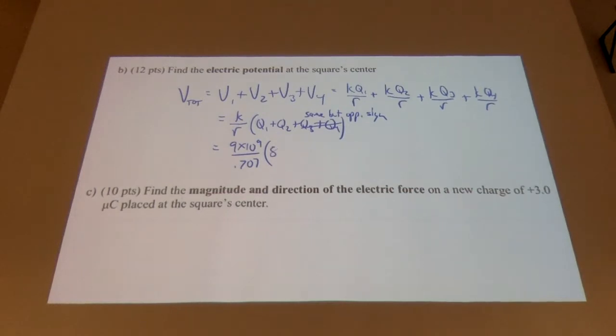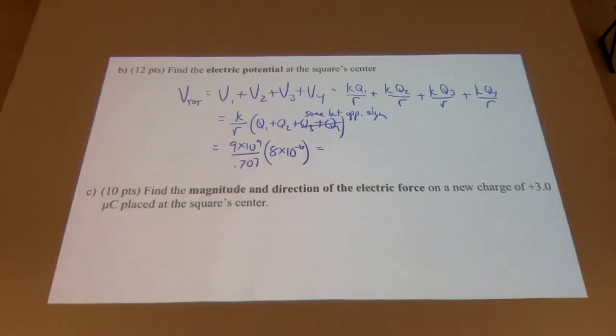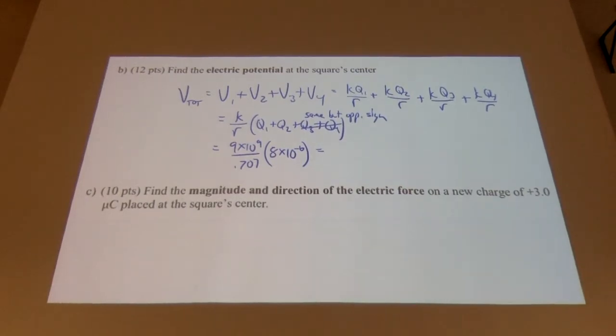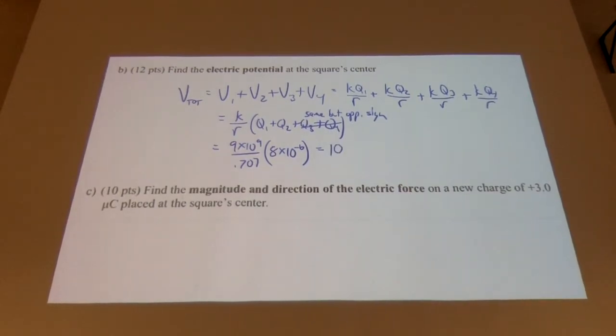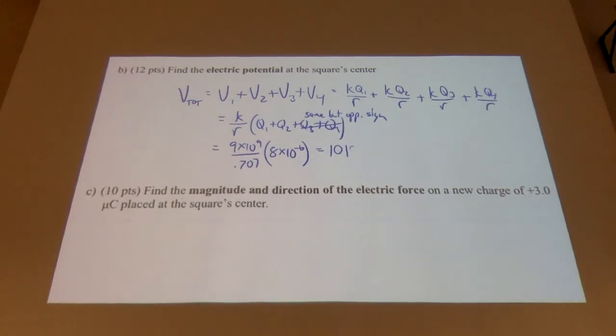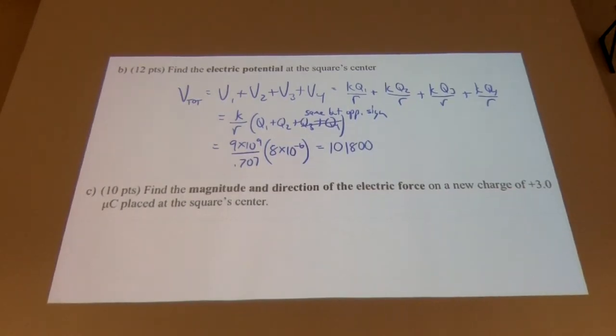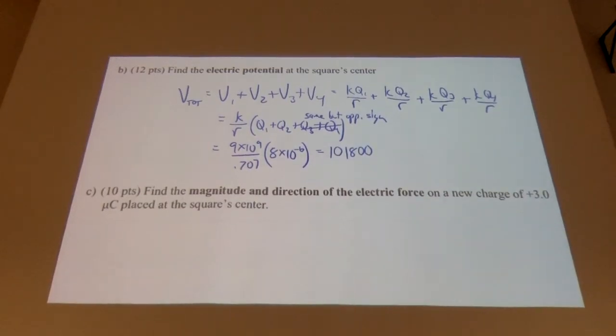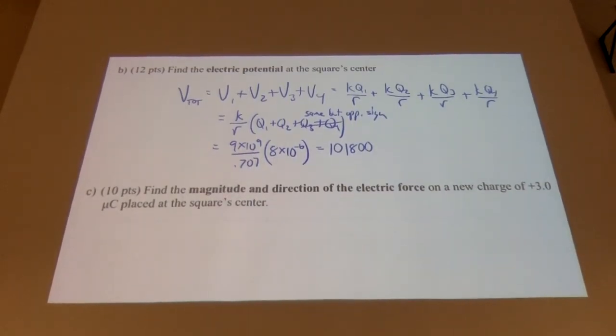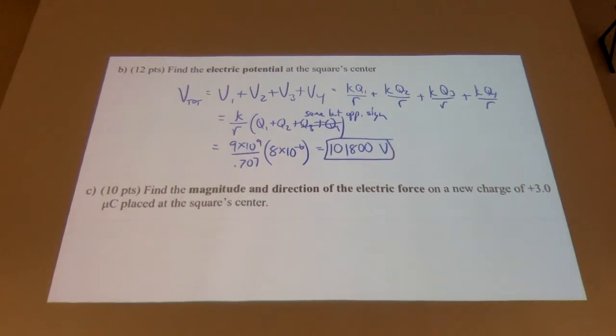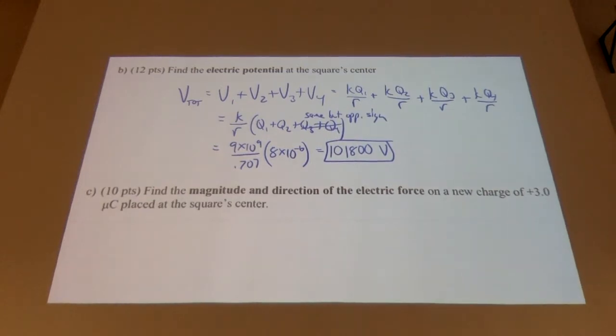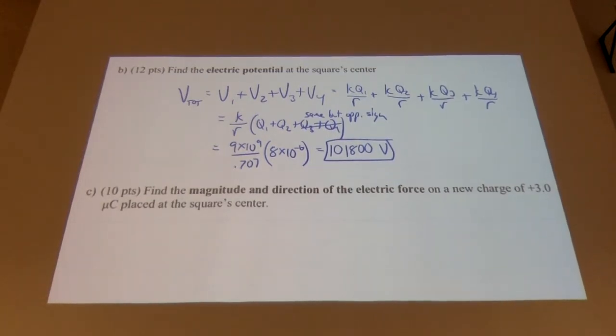So that's going to be 8 times 10 to the minus 6 coulombs. Which should give you something on the order of 101. I rounded a lot. Just anything in that region was acceptable because people might have come at it different ways. 101,000 to 102,000 volts should be your answer. Somewhere in that region.